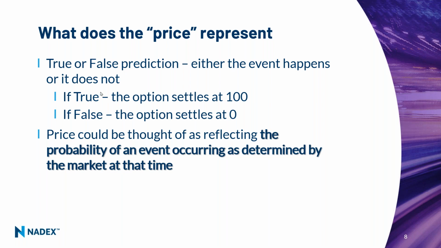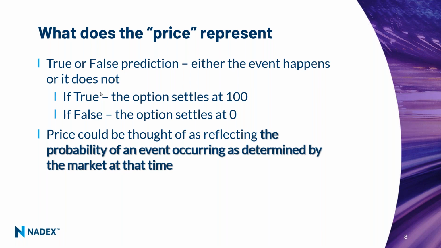Now, if gold were trading right at 1,800, the probability of it finishing, because in the end, it either finishes above 1,800 or it doesn't. And if it finishes above 1,800, it goes to 100. And if it doesn't finish above 1,800, it goes to 0. But at that moment in time, there's an equal chance that it will finish above 1,800 as there is that it won't, if it's right at the condition, if it's right at 1,800.